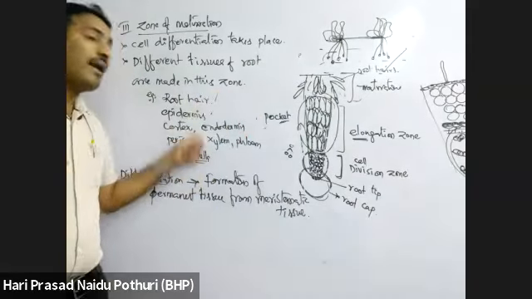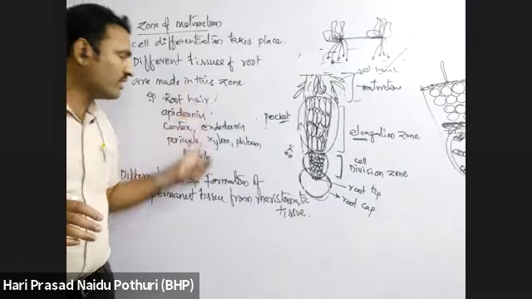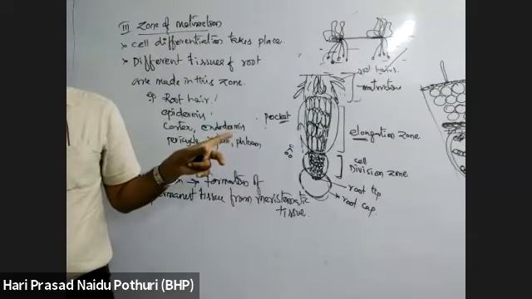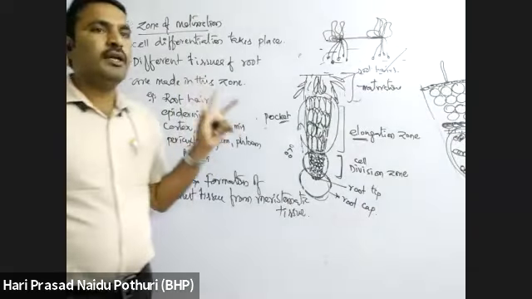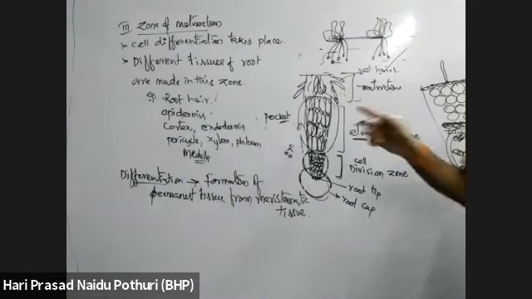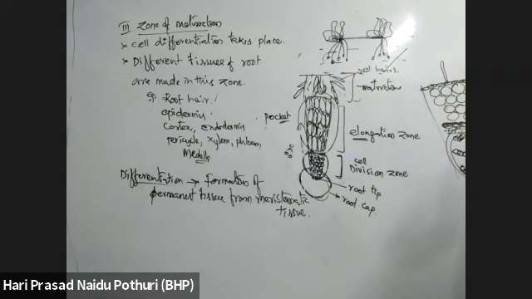These are permanent tissues. The cells of these tissues will not undergo any further division. So permanent tissues are made in the maturation zone of the roots.